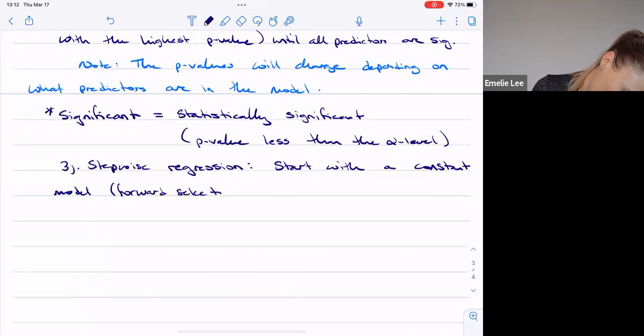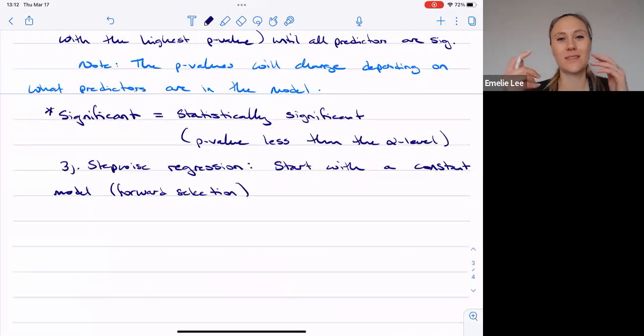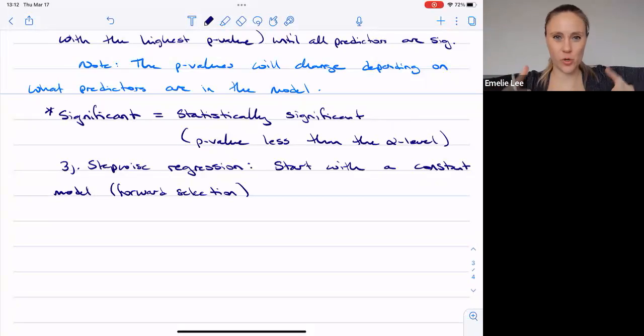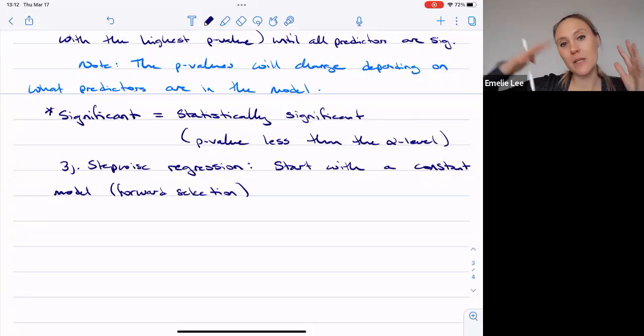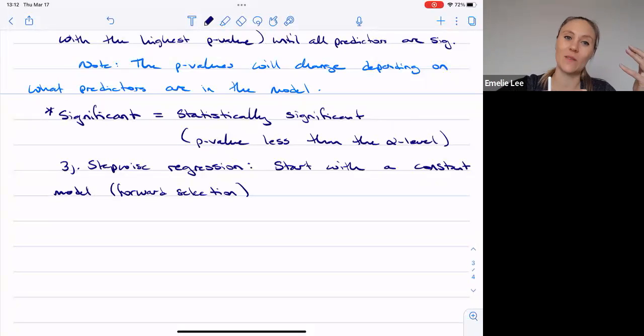Then if you add a predictor that doesn't contribute to the model, or makes other predictors not significant anymore, that can happen. That strong person came back from their lunch break and now they're picking up the slack again. That's the new predictor you added in. So maybe the other ones are not significant anymore, and then you could eliminate those.